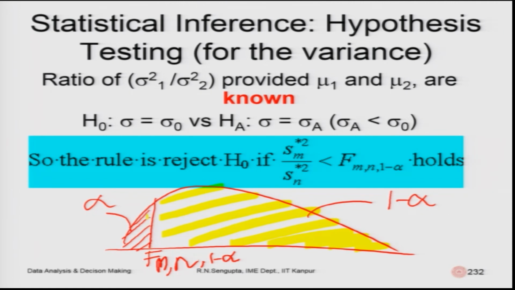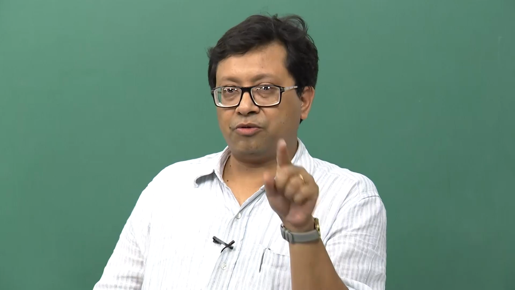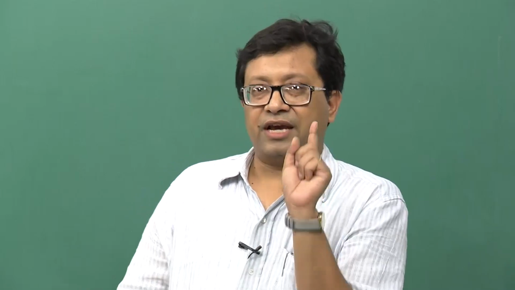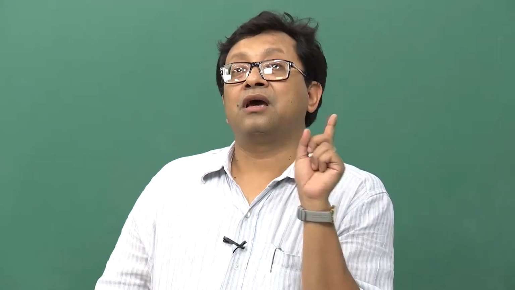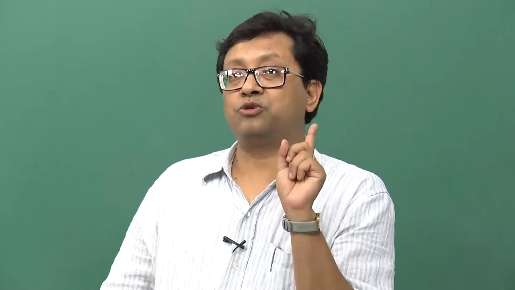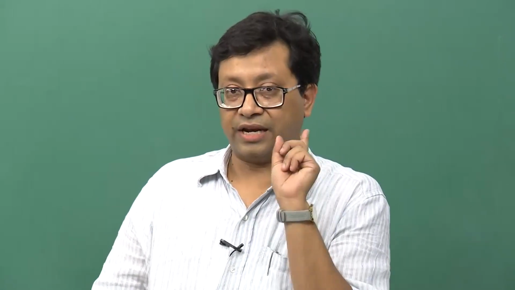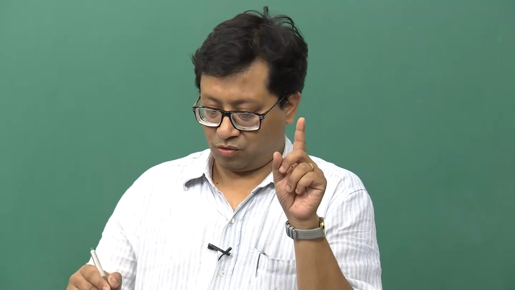So, the ratio of the best estimates for sigma 1 square divided by sigma 2 square. What is that? Sigma 1 square best estimate is S dash square suffix m, because m is the sample size, and this is S dash because mu 1 is known. So, we are not losing any degrees of freedom. So, this is the case.